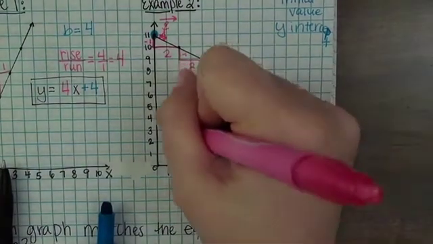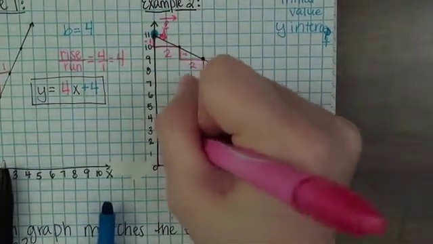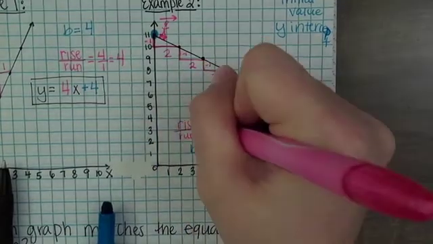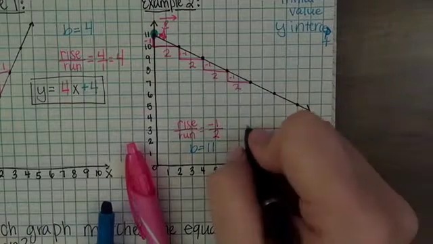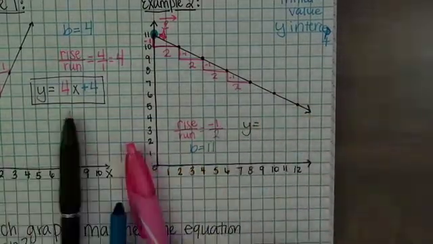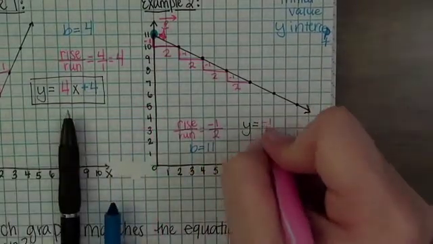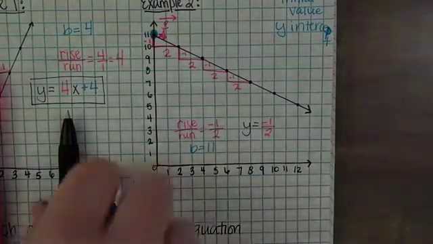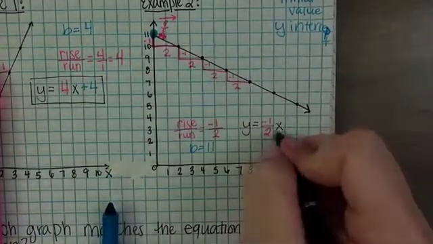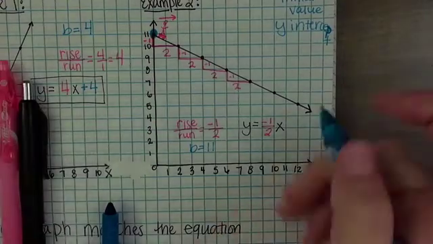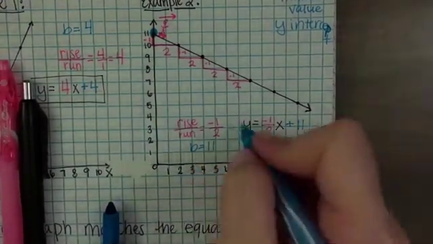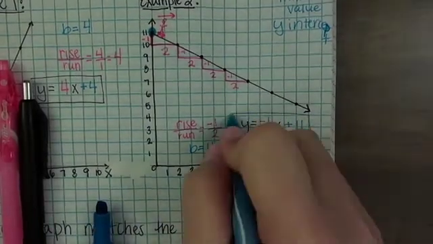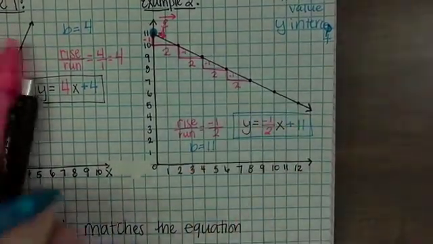So the slope, or rise over run, is going down 1 over 2. So then it would be y equals -1/2 x. And it started at a positive 11.